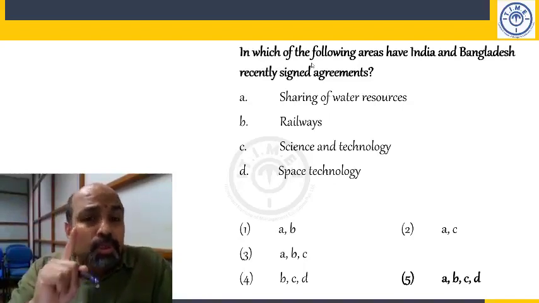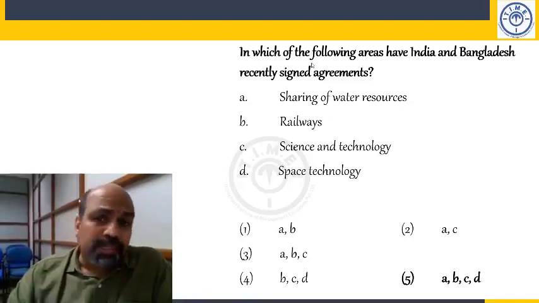Let me bring in two plants that were inaugurated, two infrastructure projects.